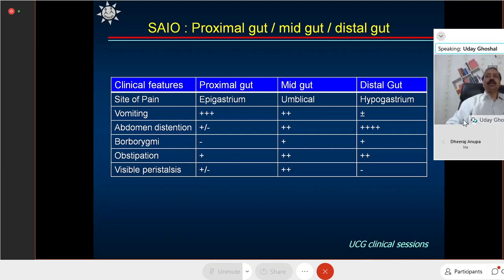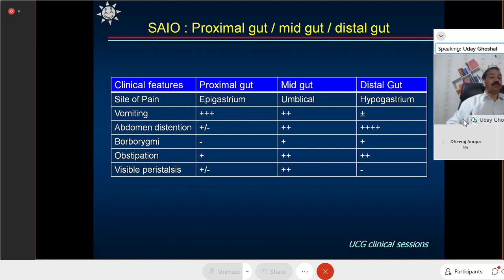And the distal gut pain will be hypogastrium. So remember one thing, if somebody is having colonic, let us say transverse colonic pathology, don't expect the pain to be in hypogastrium. The pain will be in umbilicus. Whereas if somebody is having left colonic pathology, descending colon or sigmoid colon, the pain will be hypogastrium.